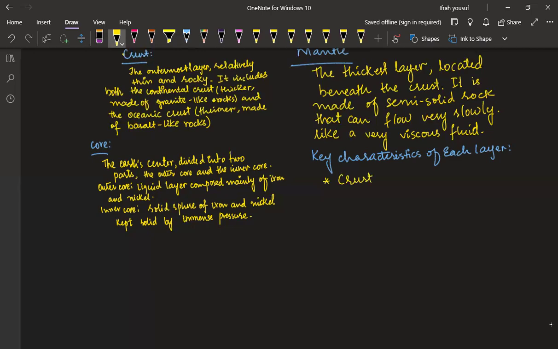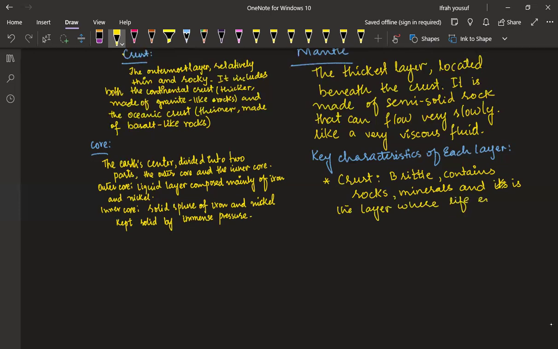Crust is brittle, contains rocks, minerals, and is the layer where life exists, right?